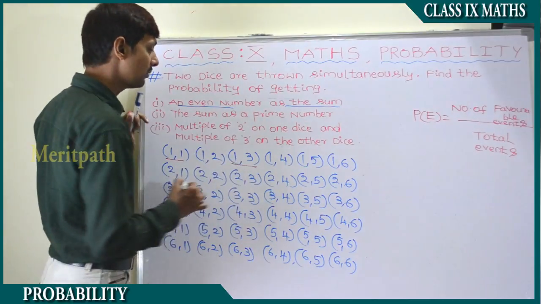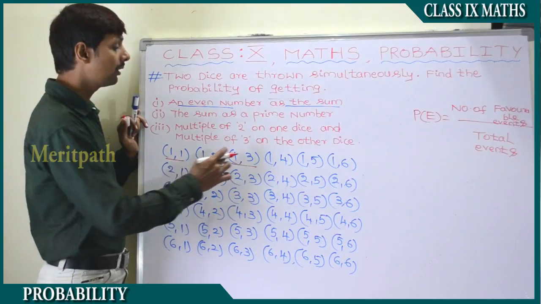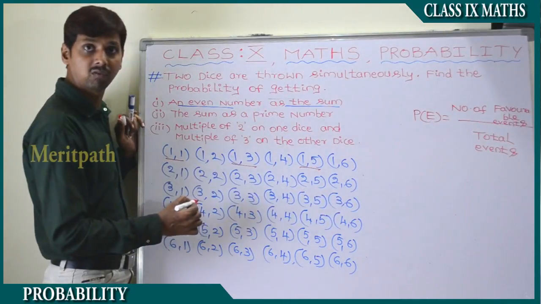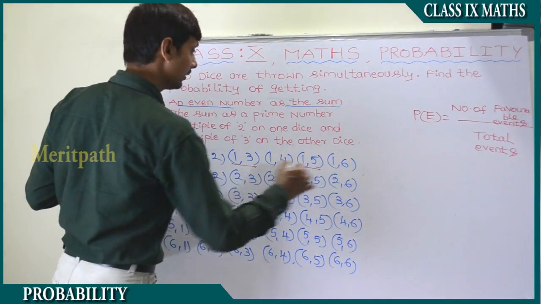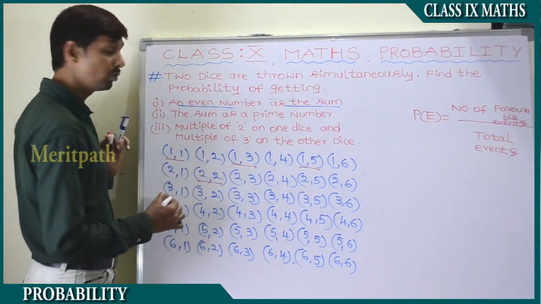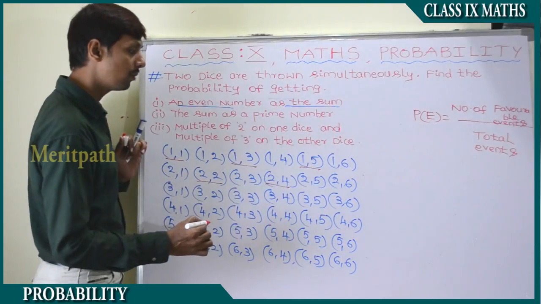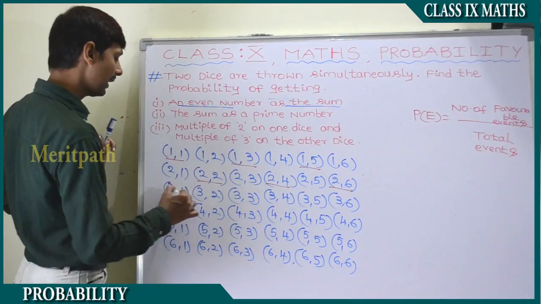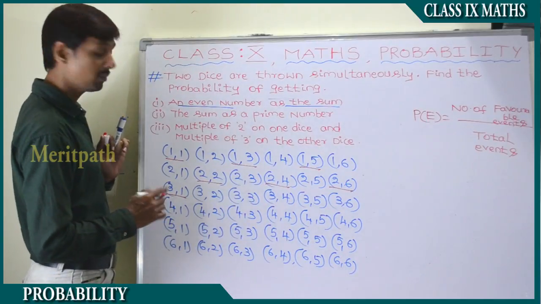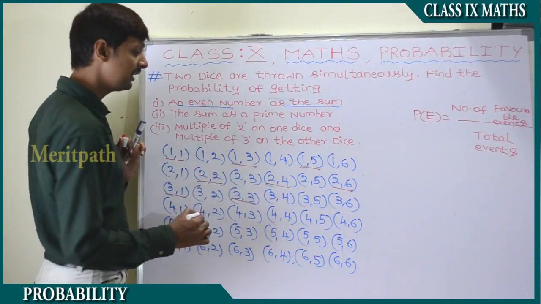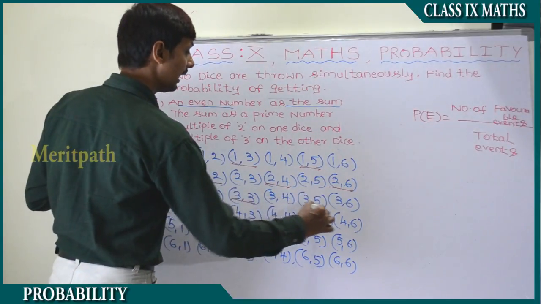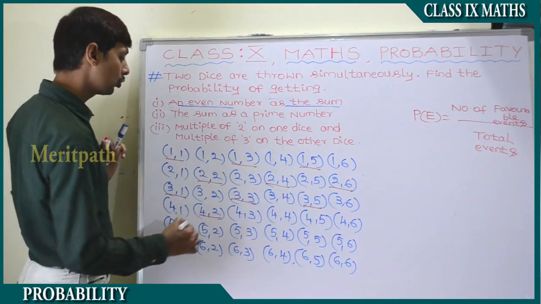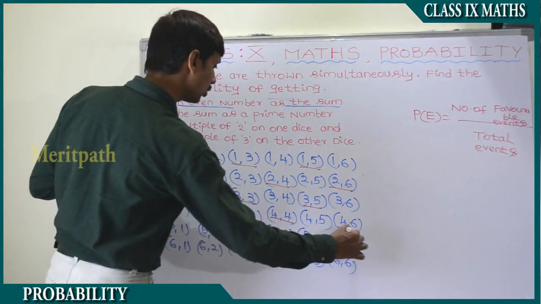Now 1 comma 3: 1 plus 3 is 4, even. 1 plus 5 is 6, even. 2 plus 2 is even, 2 comma 4, 2 plus 4 is 6, even, and 2 comma 6 is 8, even. 3 comma 1 is even, 3 comma 3 is even, 3 comma 5 is even, and 4 comma 2, 4 comma 4, 4 comma 6.